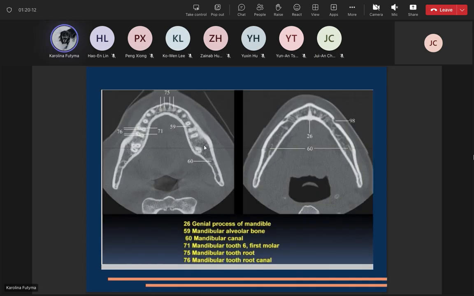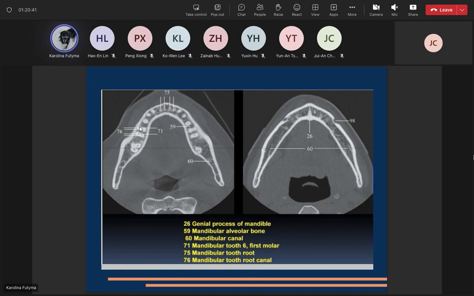So this is, of course, the mandible. This is both sides, the mandibular ramus. This is our spine. Those are, of course, mandibular teeth. We can see the anatomy, which is different teeth anatomy in comparison with upper molars, especially.